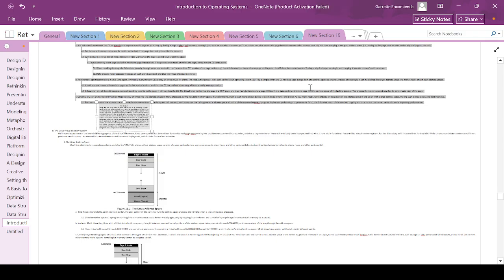When the OS needs to copy a page from one address space to another, instead of copying it, it can map it into the target address space and mark it read only in both address spaces.